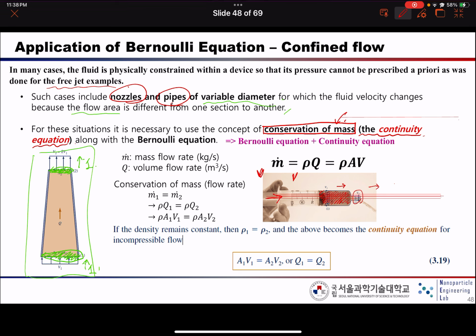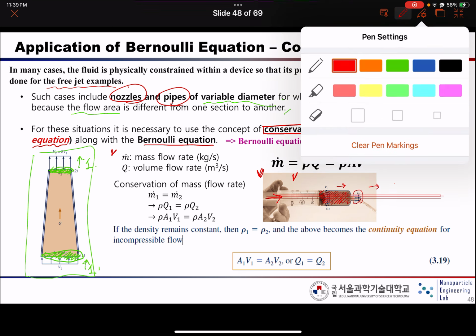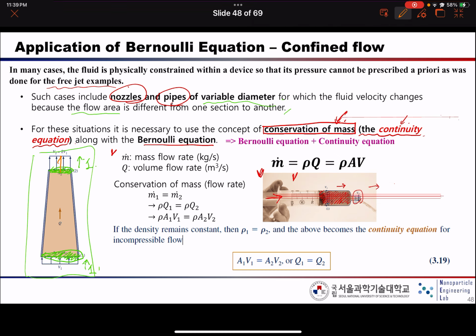So for this situation it is necessary to use the concept of mass conservation, the continuity equation, along with the Bernoulli equation. So let's derive the continuity equation in a very simple form together. Since the mass flow rate at 2 and 1 should be identical, right? Mass flow rate is kilogram per second, and volume flow rate we usually write as volume divided by time.